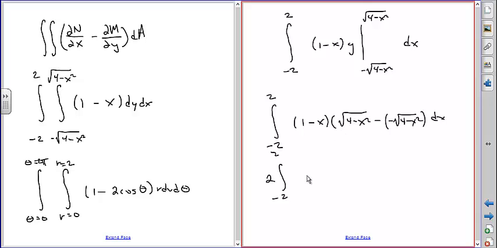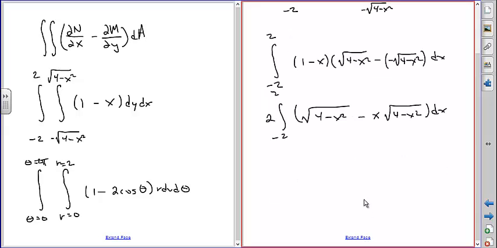So you'll have 2 times the square root of 4 minus x squared minus x times the square root of 4 minus x squared. The whole thing times dx. So the integral of this one is not going to be that hard because you'd let u equal 4 minus x squared, so du would be equal to negative 2x dx.